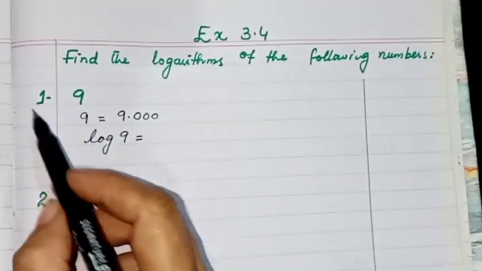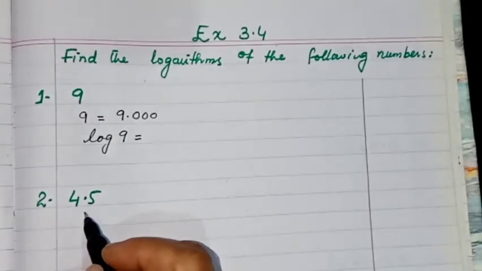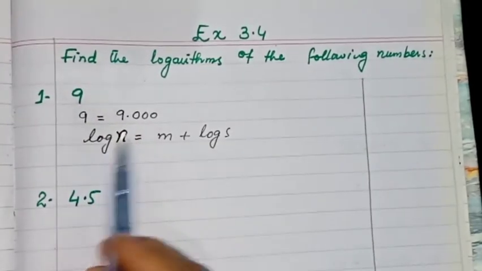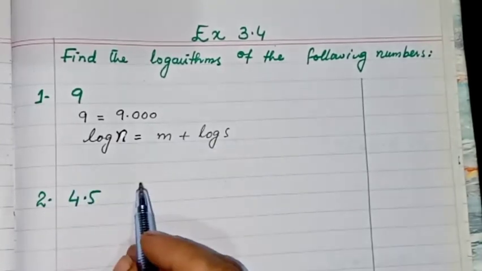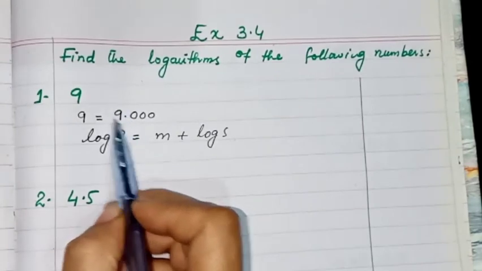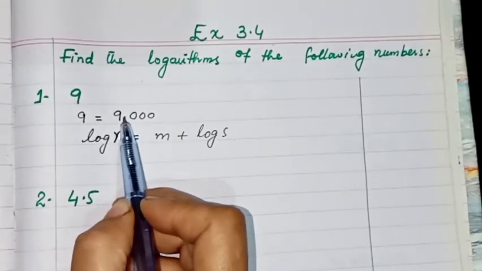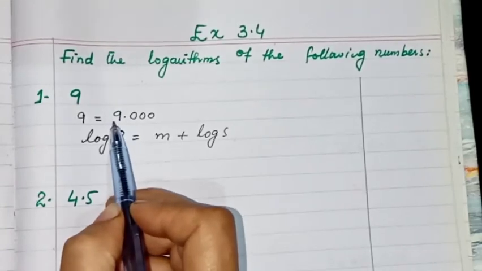I am doing this question number 1 without converting it into scientific notation. So log of n is equal to m plus log of s. After putting the decimal here, you can see there is only 1 digit preceding the decimal.